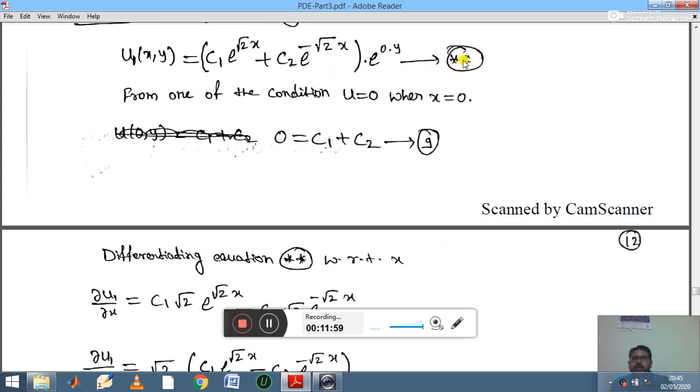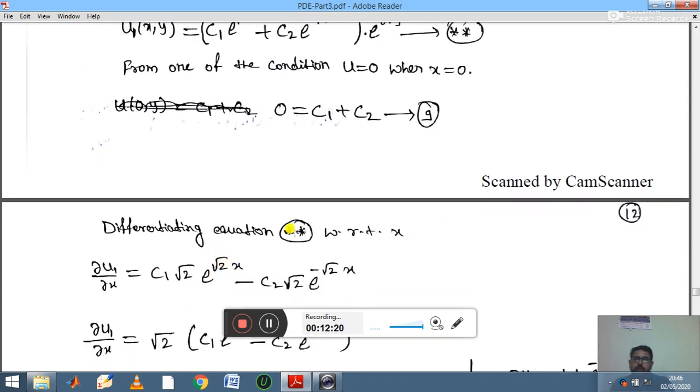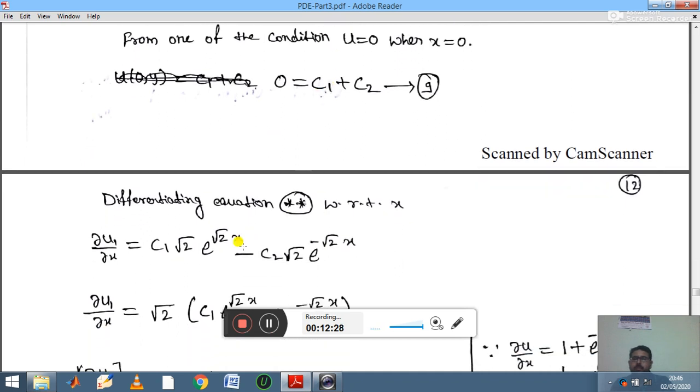Differentiating, you get ∂u1/∂x = c1 √2 e^(√2 x), and the differentiation of e^(-√2 x) gives -√2, so minus c2 √2 e^(-√2 x).